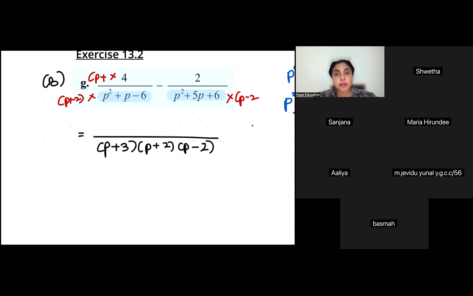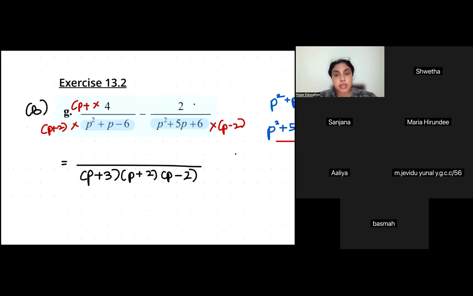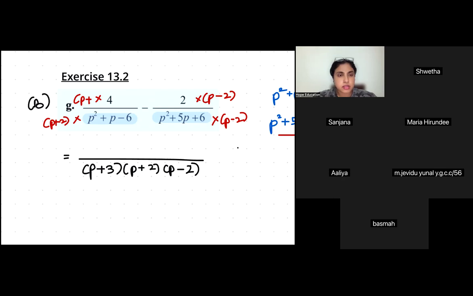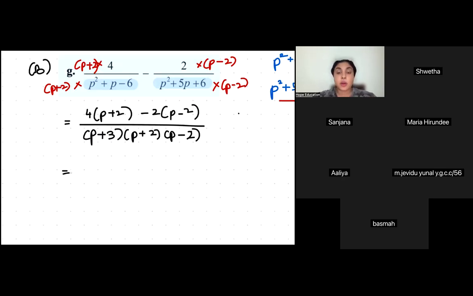Then I will also multiply the numerator by p minus 2. Here p plus 2. So 4 2p minus 2. Now, the common denominator is the same. It doesn't change, of course.